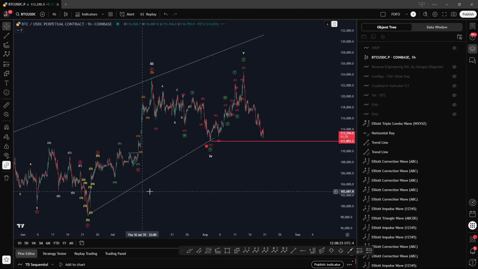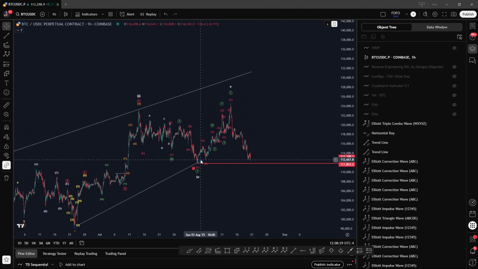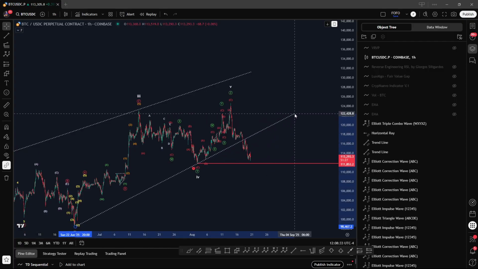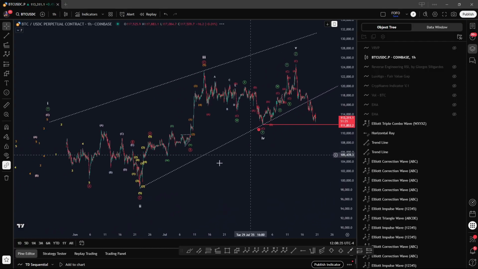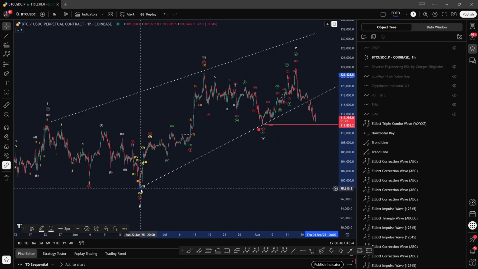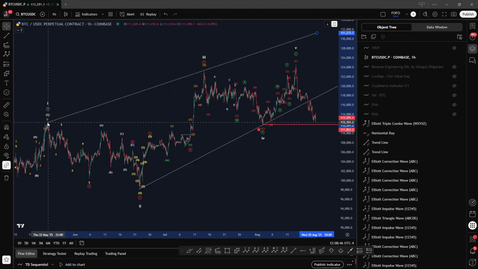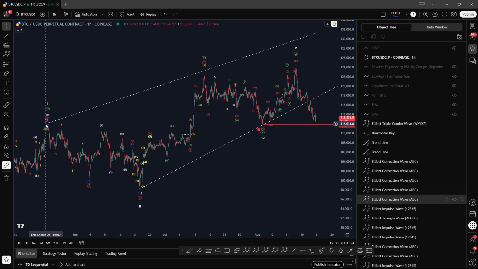All right. Now, secondly, another thing landing towards probability is this channel line here. And if I extend this out, this is just a guideline. That's all it is. It's not a rule. But whenever you are labeling a diagonal or a triangle, you connect the ends, and that just gives you barriers per se.